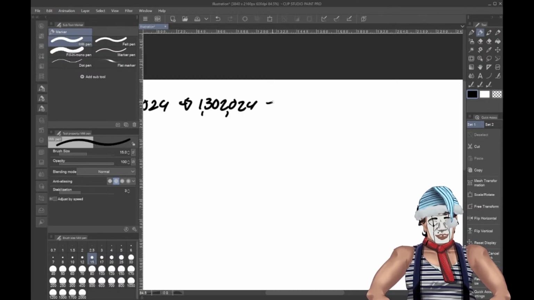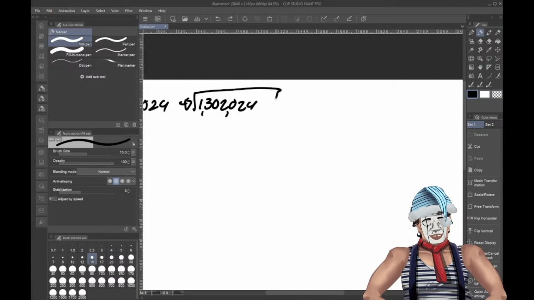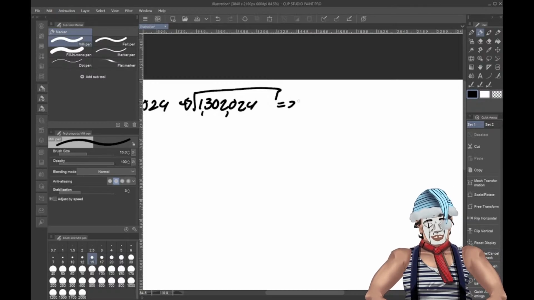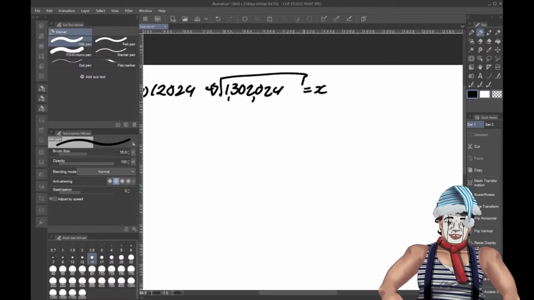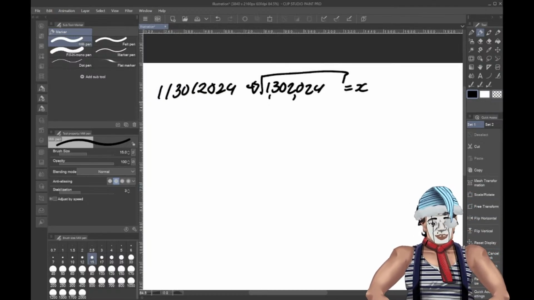That's too small. Let's call it x, the square root of 1,302,024. How do I go about finding that?